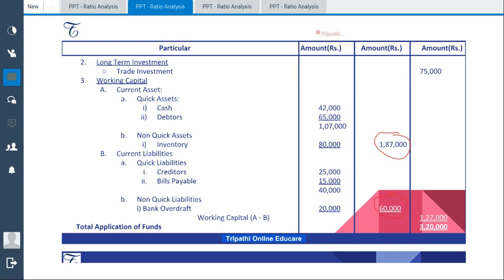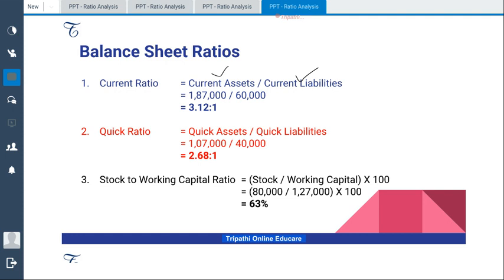So it will be 1,87,000 upon 60,000, because the formula is current asset upon current liabilities. So 1,87,000 upon 60,000 will give you current ratio. So in this case, current ratio is 3.12:1.